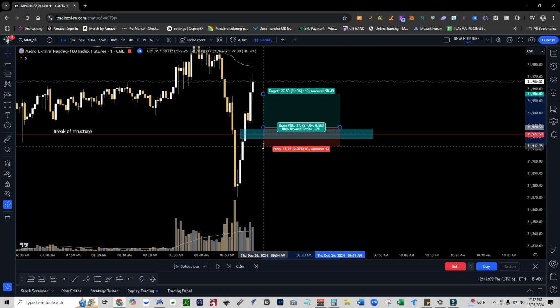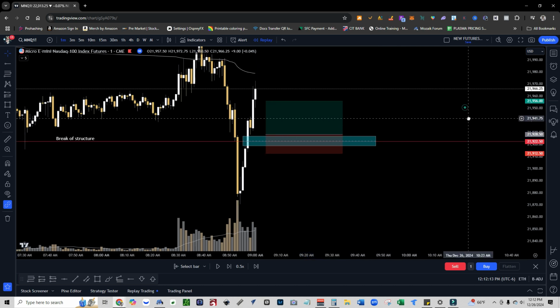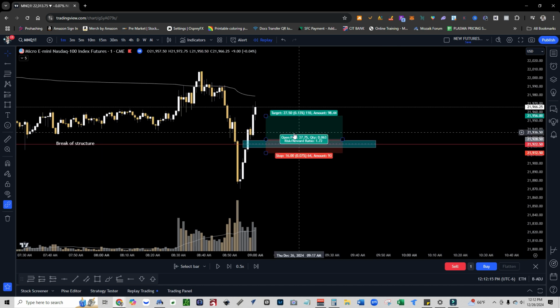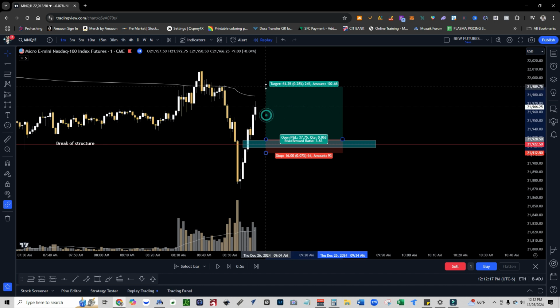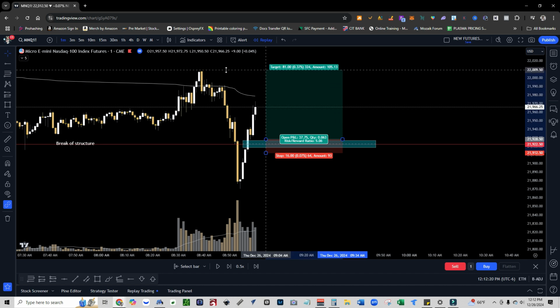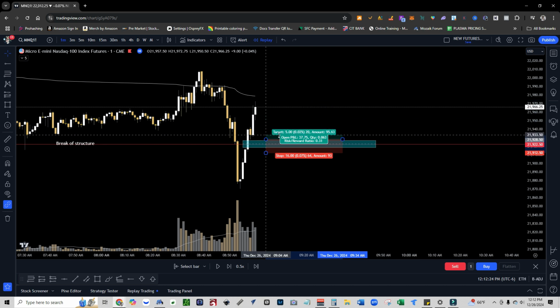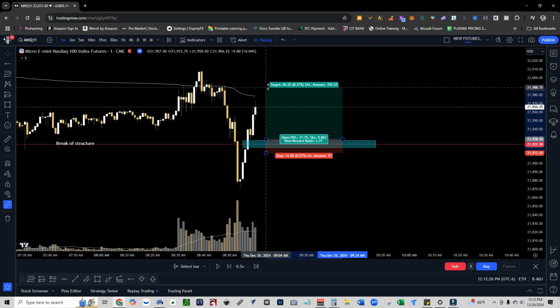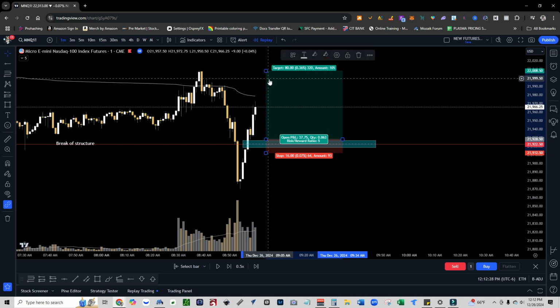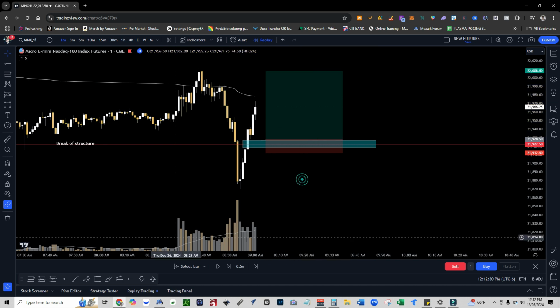So I'd have it with my stop loss right there, because that'll be a close below that. I'm out. And then my profit target would be probably up in here, either here or here. So for now I'd be here, but it just depends, because if this comes back down, then this could be your first TP. So if it worked out the way I wanted to, that would be my full take profit.